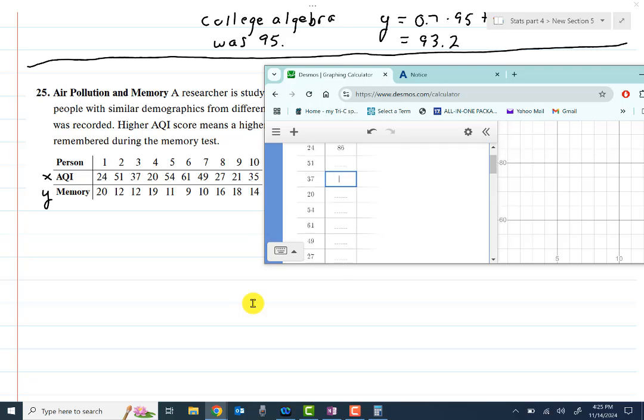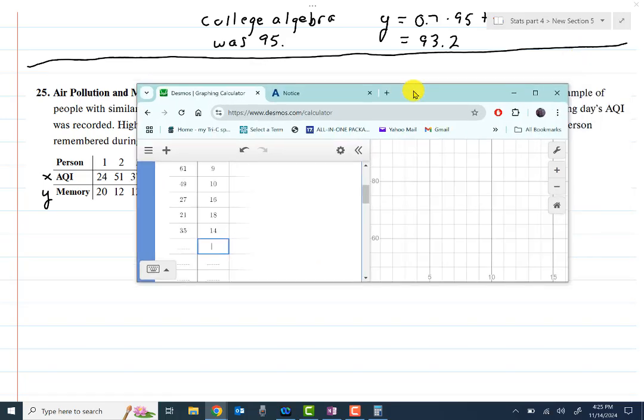Okay, now let me go up and put in my Y values. And let me pull Desmos back.